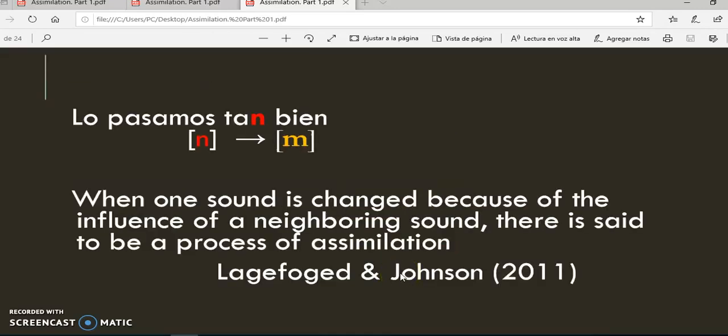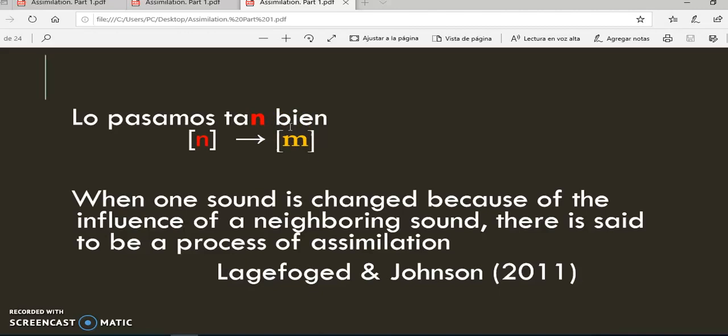If you pay attention to your lips, you will probably see that what you are producing is a bilabial nasal in this context. Why? Because of the influence of the B, the bilabial sound in bien. This is a case of assimilation. So you can see that assimilation occurs in Spanish as well.